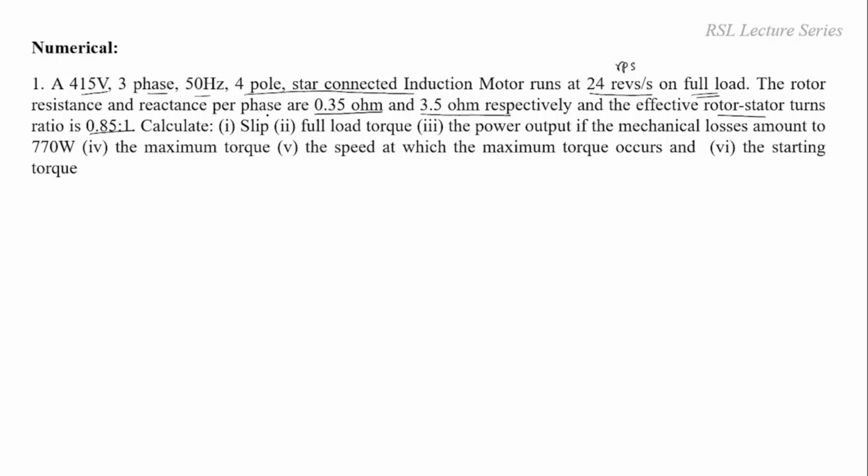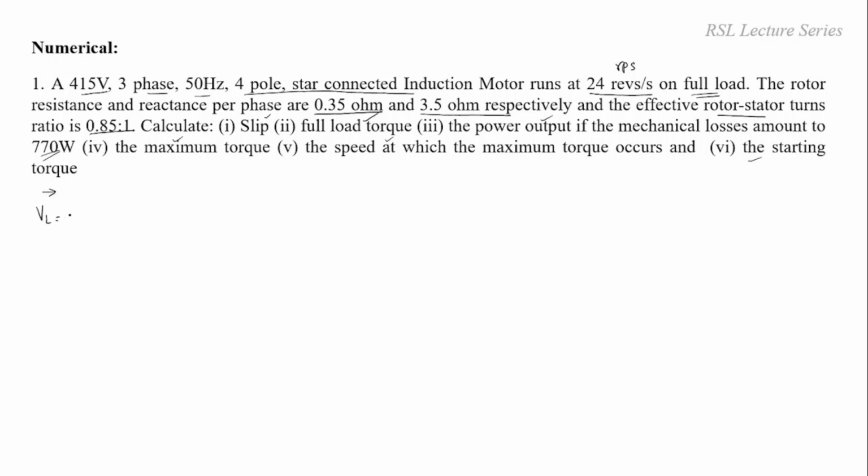So now we have to calculate first the slip, second the full load torque, third the output power, if the mechanical losses amount to 770 watts. Mechanical losses are given. Next we have to find the maximum torque, the speed at which the maximum torque occurs, and finally the starting torque. Okay, so now we'll first write the given data.